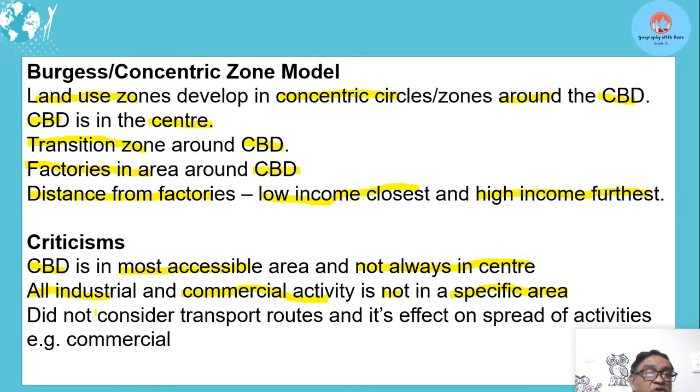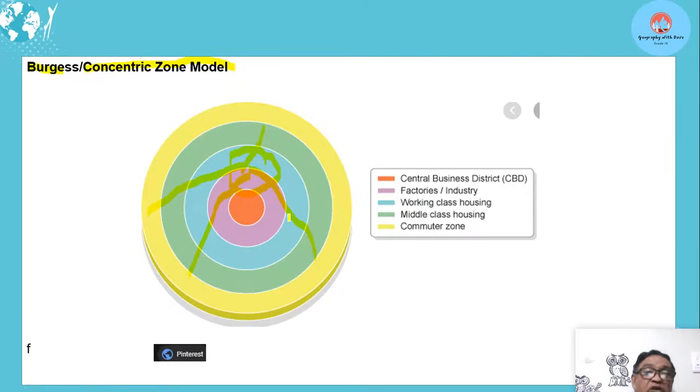Also, he did not consider transport routes and their effect on the spread of activities, for example, the commercial. That was another criticism, that along transport routes, activities will take place. We see it.